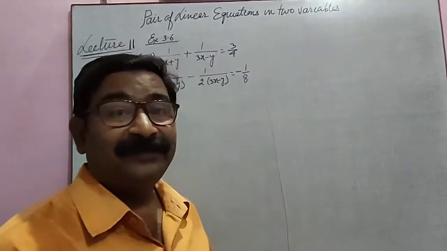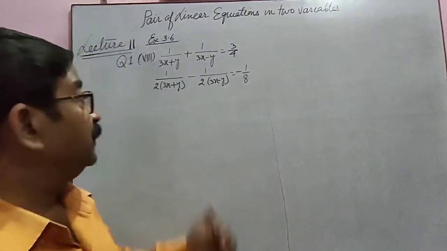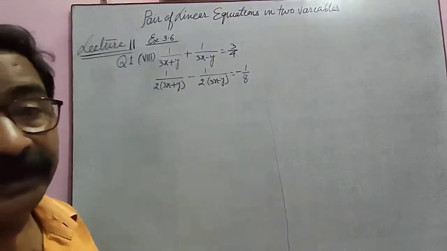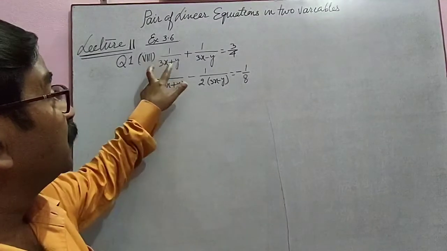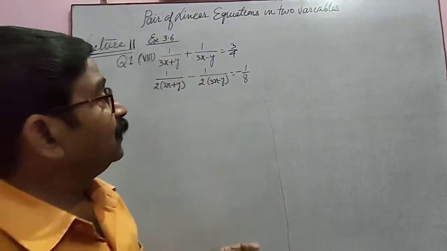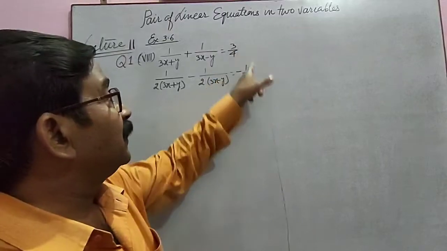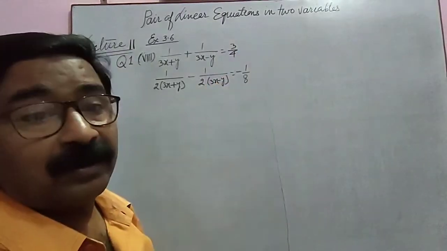Alright. Now the last part of the question, students. See here, it is like the previous question. You can assume the combined value for m and n, but one problem can be created here. On the right side you are given a fraction.